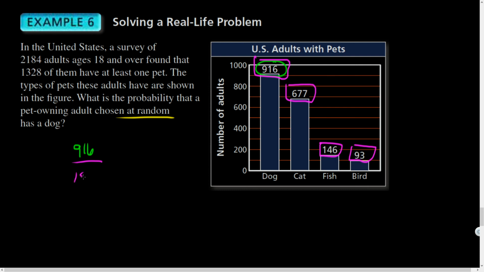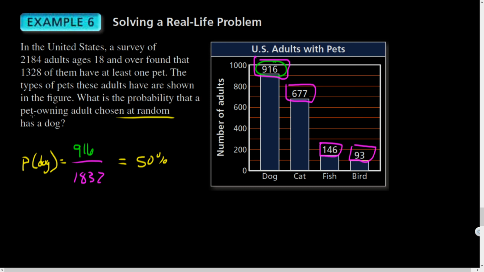And I get 1832. And so, probability of a dog, I'm getting 50%. Wow, that's actually quite convenient.